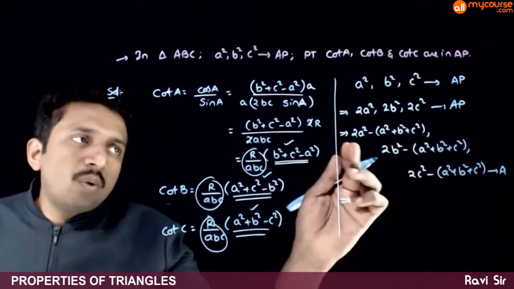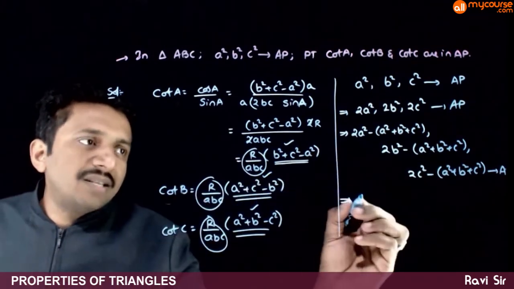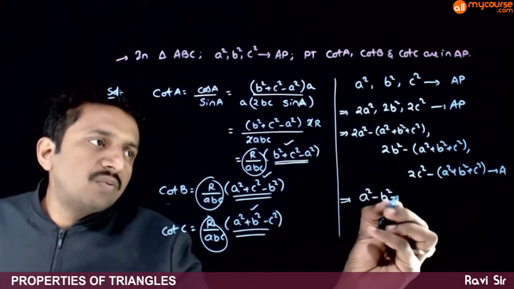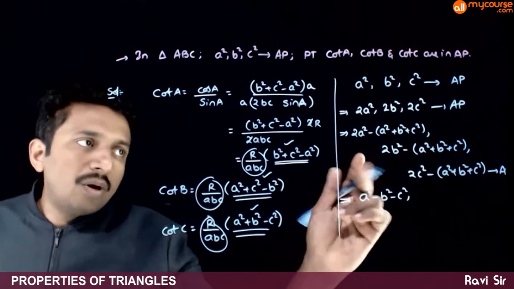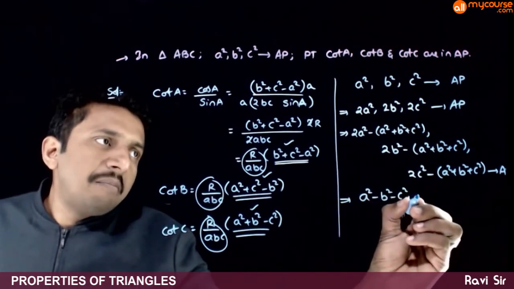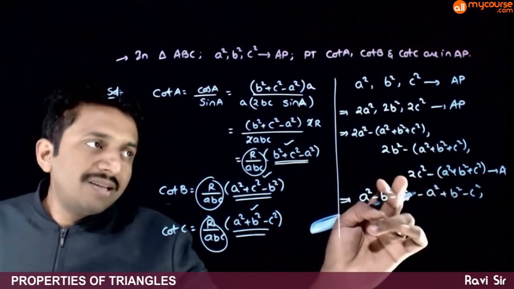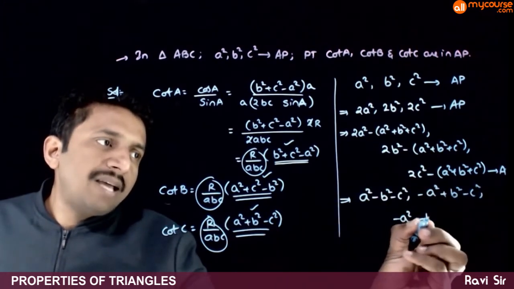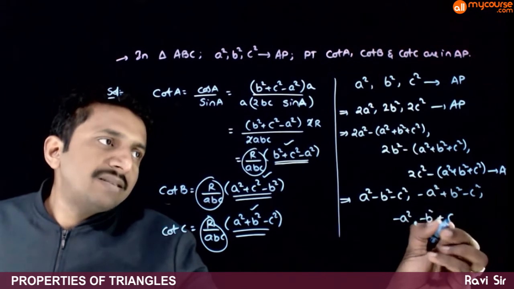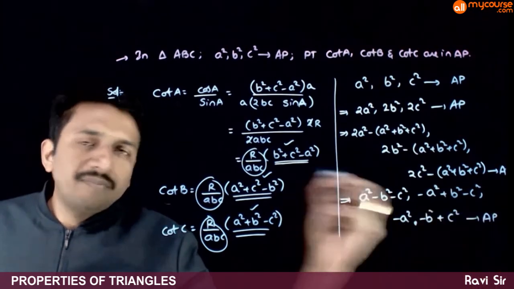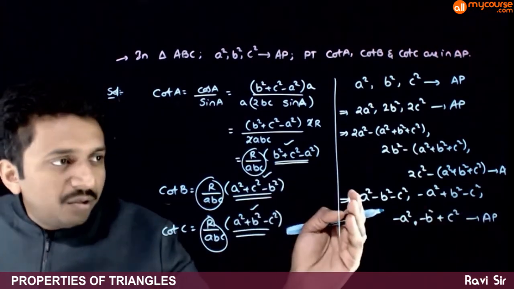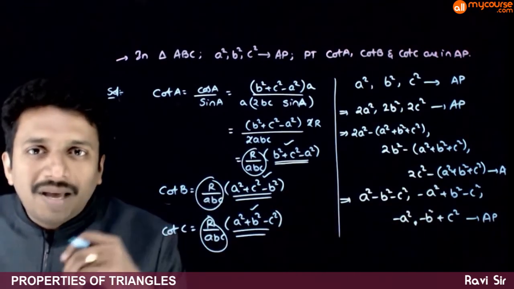So what is this? 2a square minus a square is a square minus b square minus c square, comma this is minus a square plus b square minus c square, comma this is minus a square minus b square plus c square, are in AP. Now I'll uniformly multiply each of these terms with minus 1.